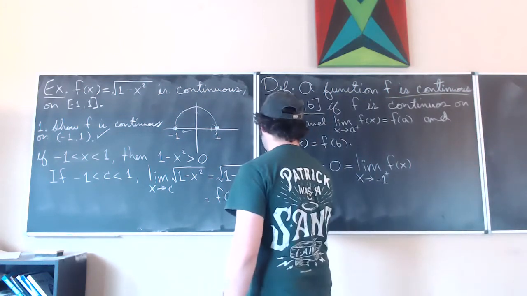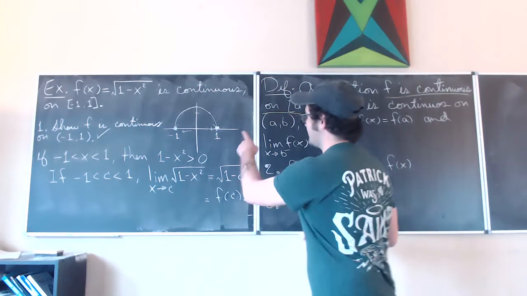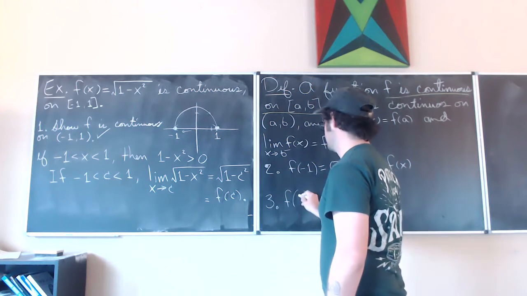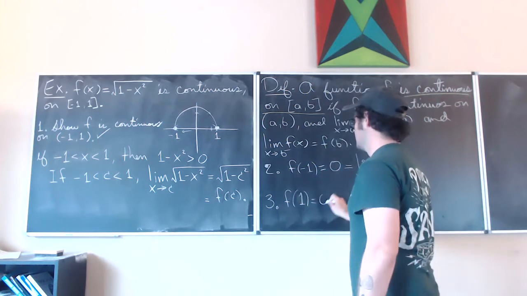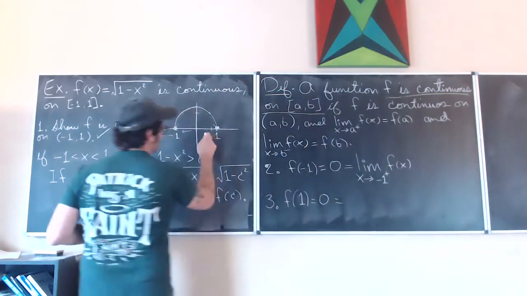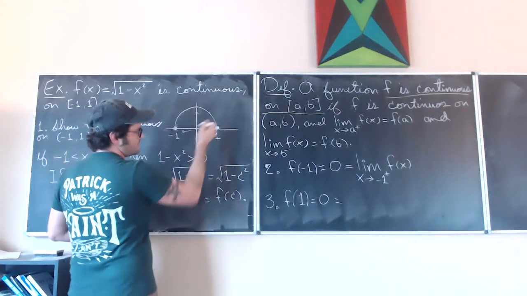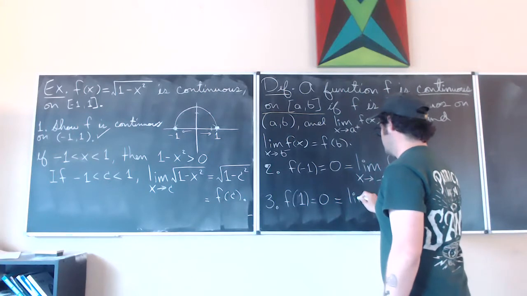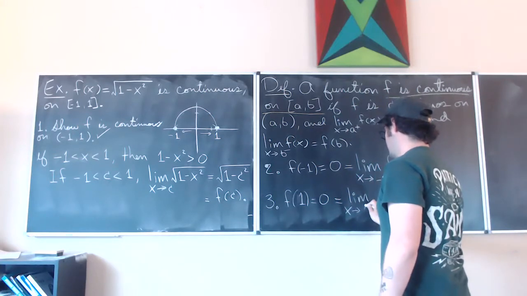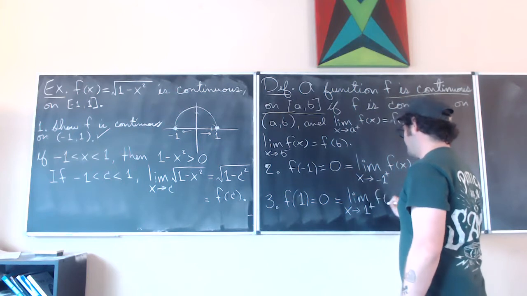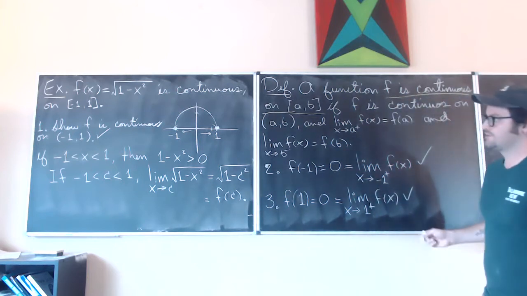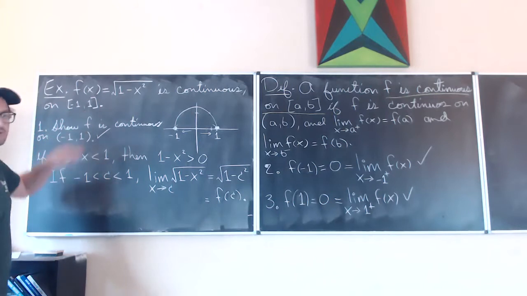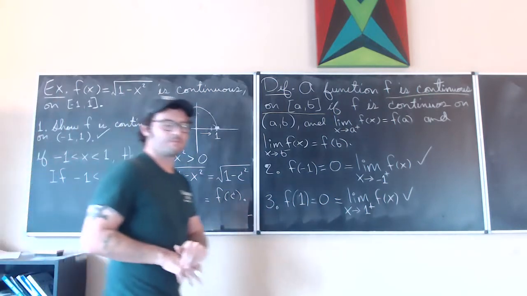And in part 3, if we look at the left-hand side limit, f of 1 is equal to 0. But if we approach 1 from the left, the limiting value is going to 0 as well. So these 3 observations together show that this function here is continuous on that closed interval, -1 to 1.